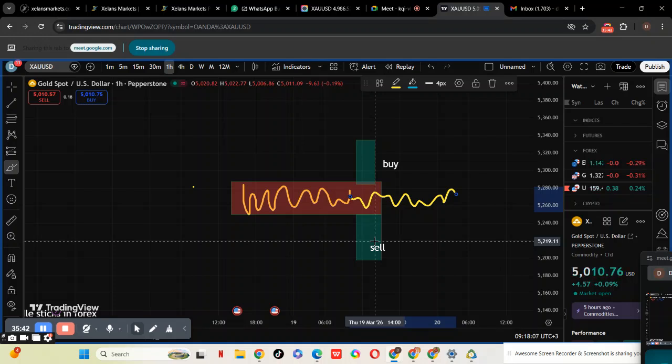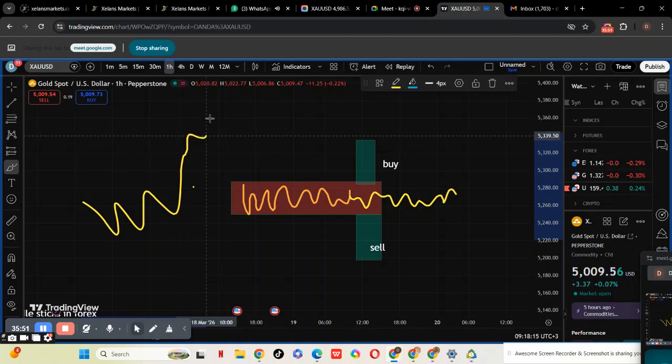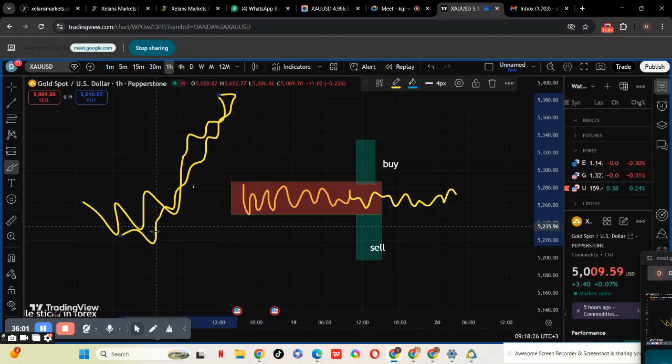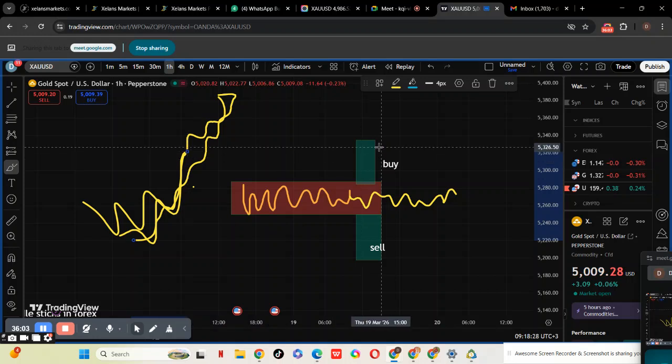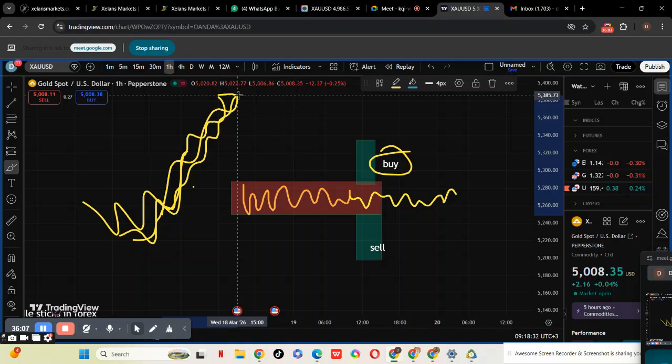Now, we make money in Forex when we follow the trend. We make money when we follow the direction the market is going. So if the price is going up, we follow suit. We buy. Because the market is going up, we follow the trend, and this is where we make money. If this market is going up and you place a buy, you're in profit.